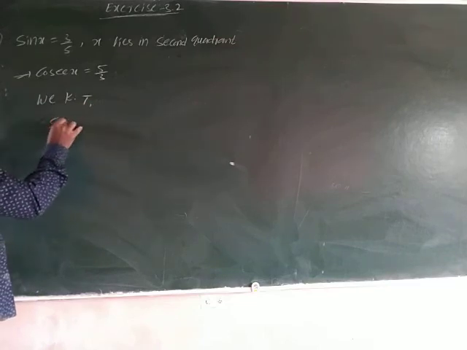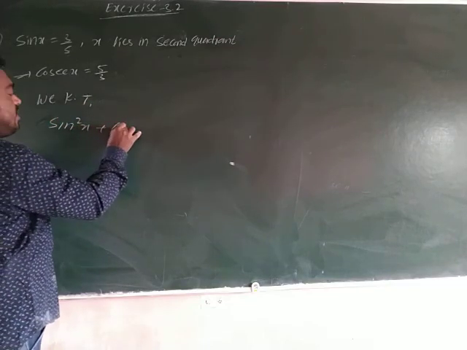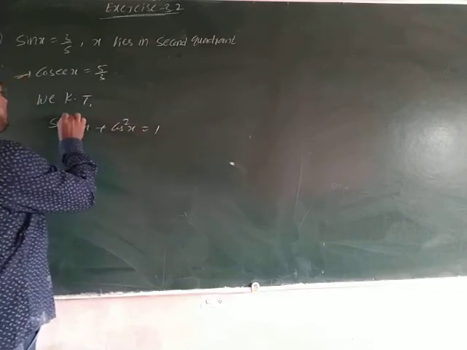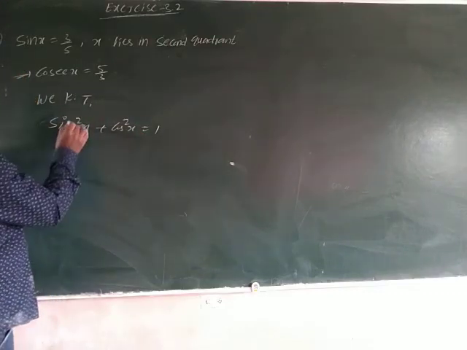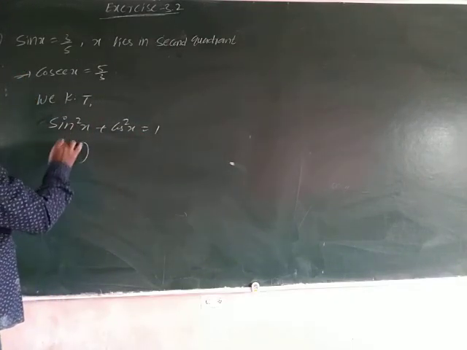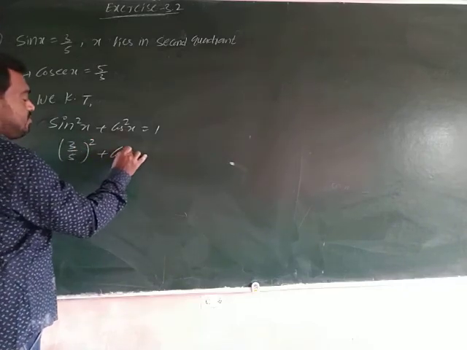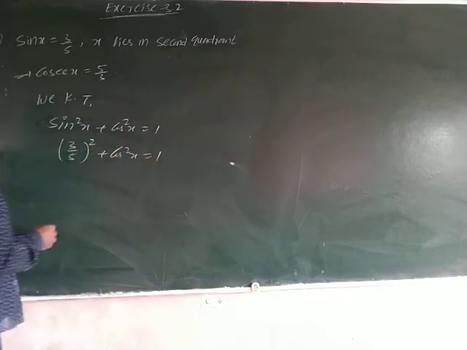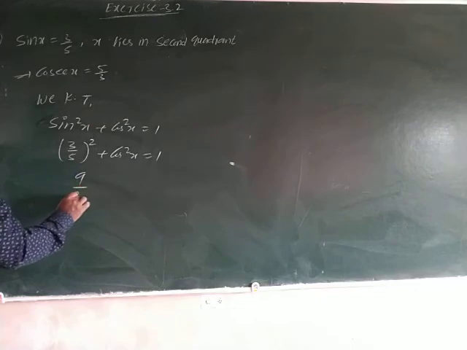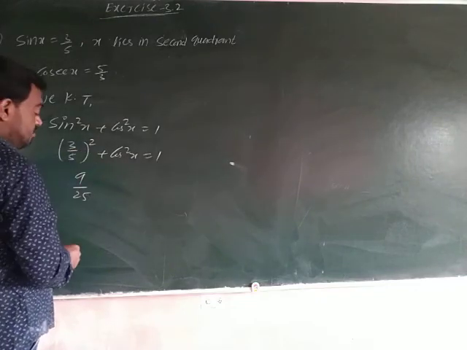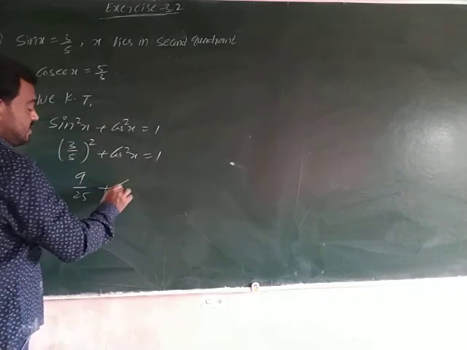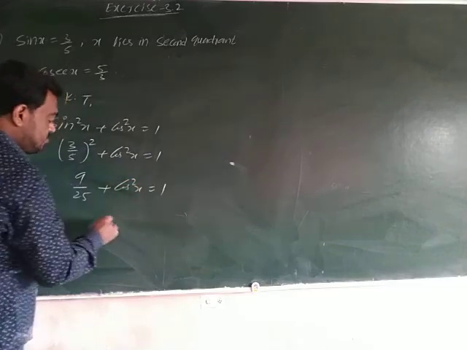Next, we know that sin square x plus cos square x is equal to 1. This is the trigonometric identity. Substitute the sin x value, that is 3 by 5 whole square, plus cos square x is equal to 1. 3 by 5 whole square is 9 by 25, plus cos square x is equal to 1.